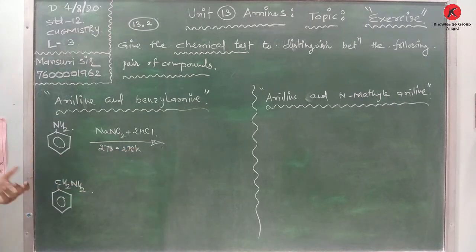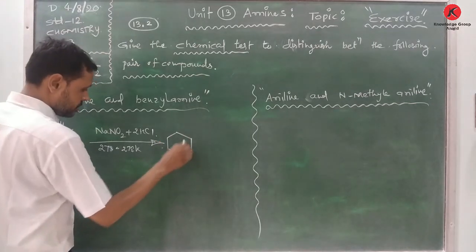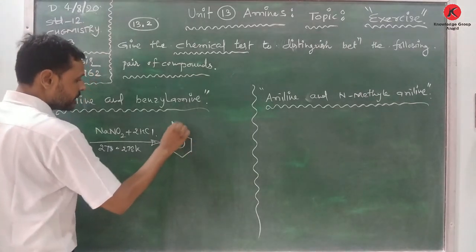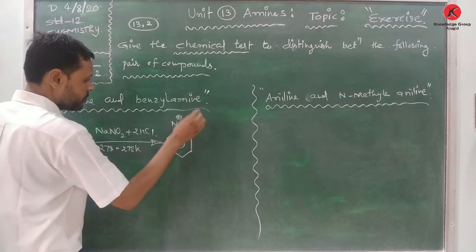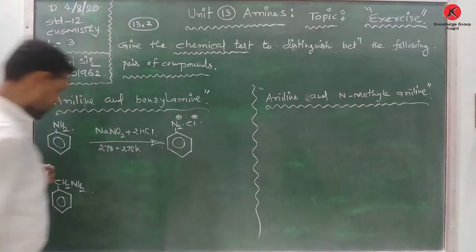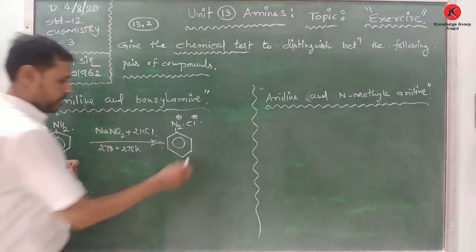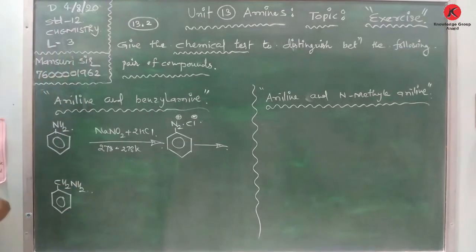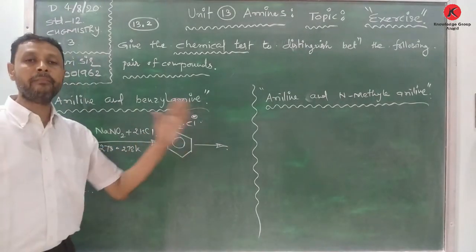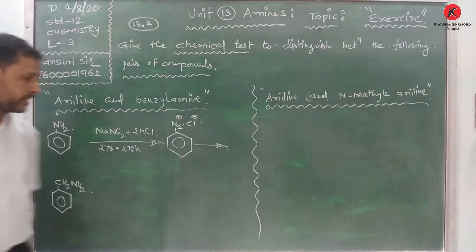Then what will form? As you know very well, this is the diazotization reaction and N2Cl is formed. But after getting this benzene diazonium chloride, we can react it with other compounds and form other organic compounds, right?